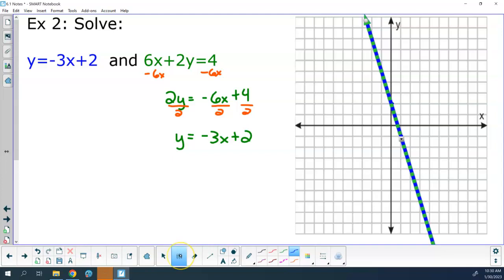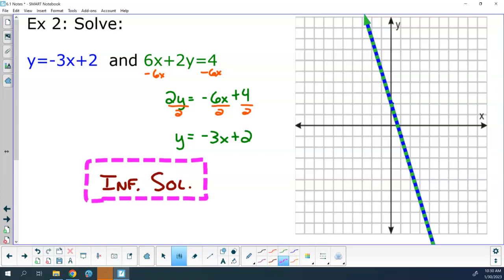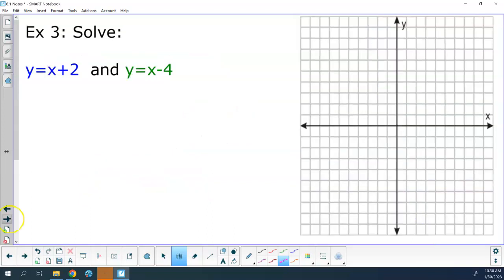So then my solution would be infinite solutions. Agree? Try that one.